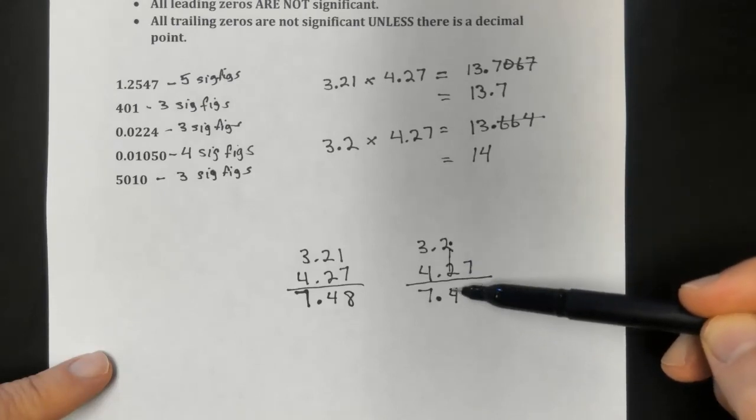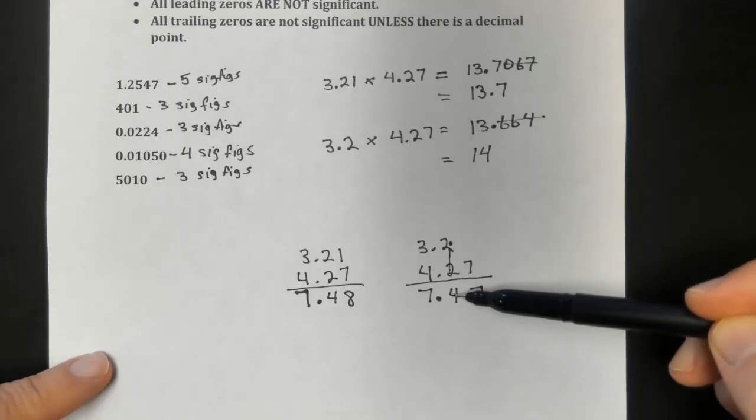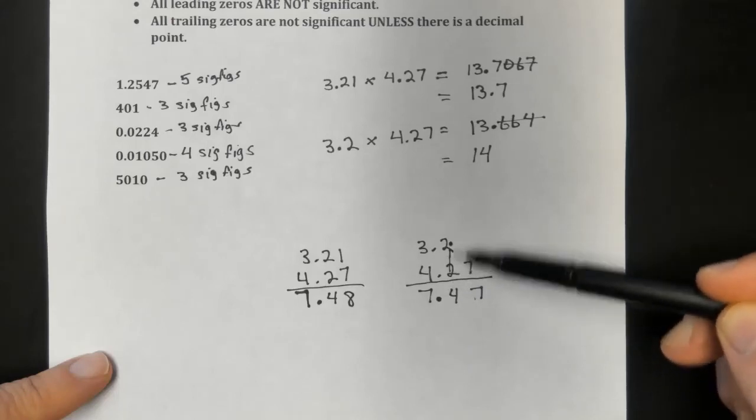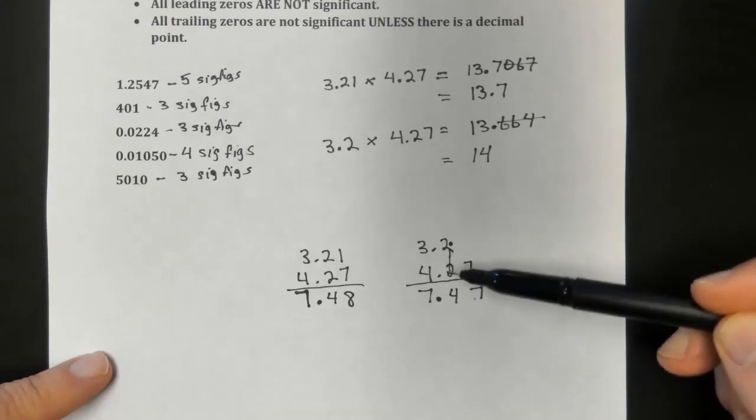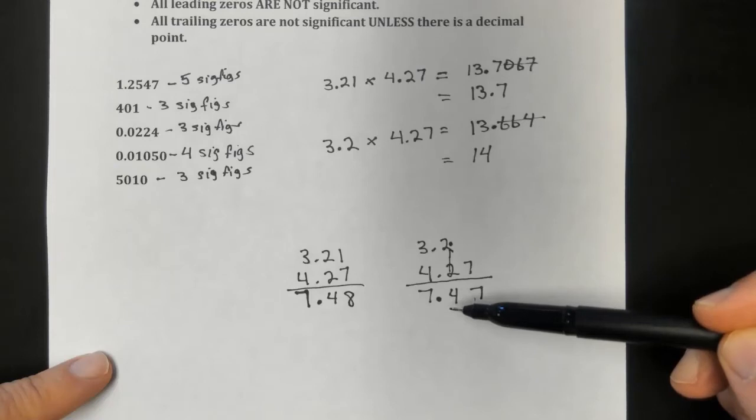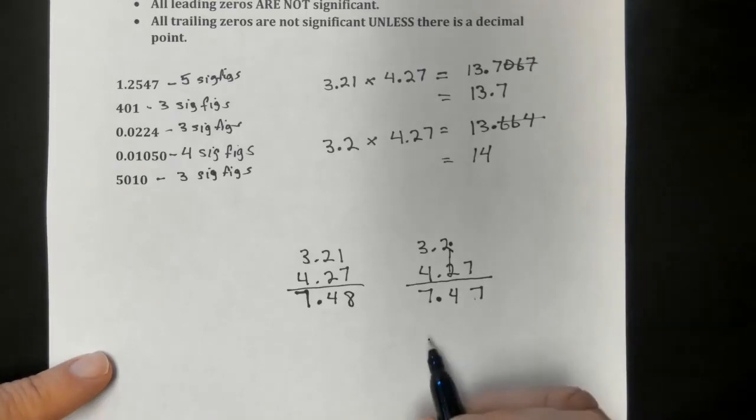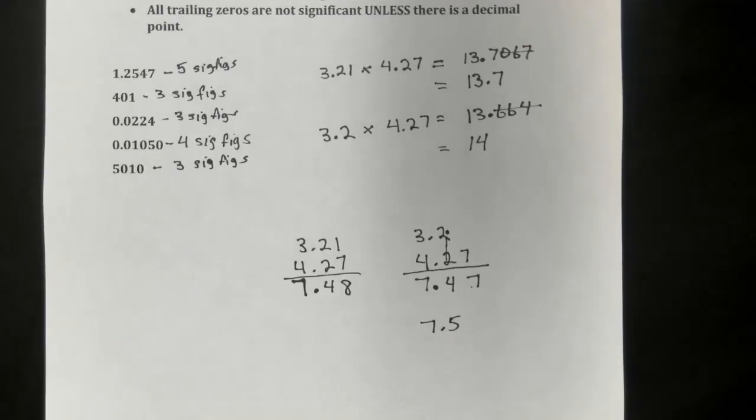So the tenths place is the last digit we can record in our calculation. So this addition can only result in 7.5. We round the 4 up to 5, and that becomes 7.5.